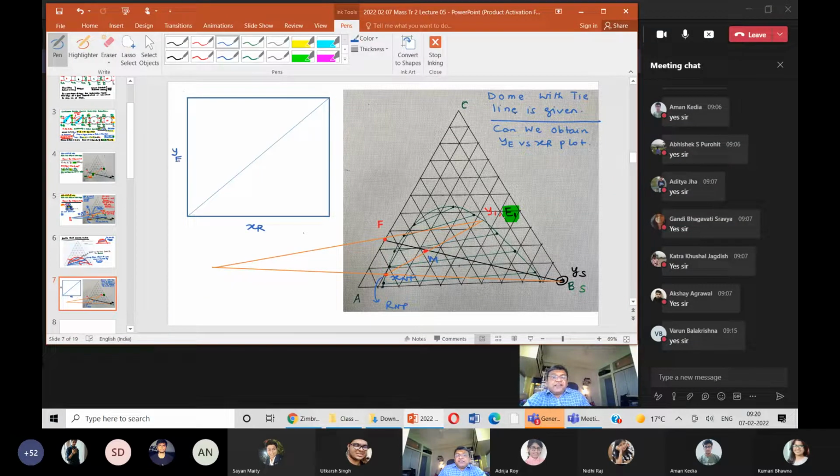The answer is yes, we can, because all these tie lines, if you look at their endpoints, you have a Y1, X1. So from here, you can generate a Y versus X or an X versus Y data.